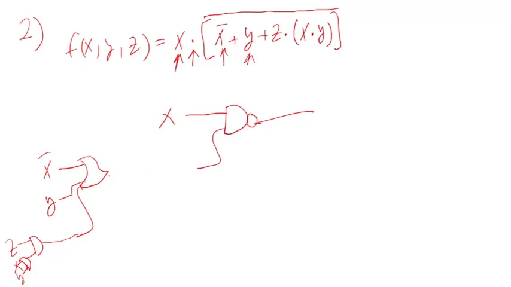Basically, the inversion will be here, because it does not include x, so I can't put it at the outcome.